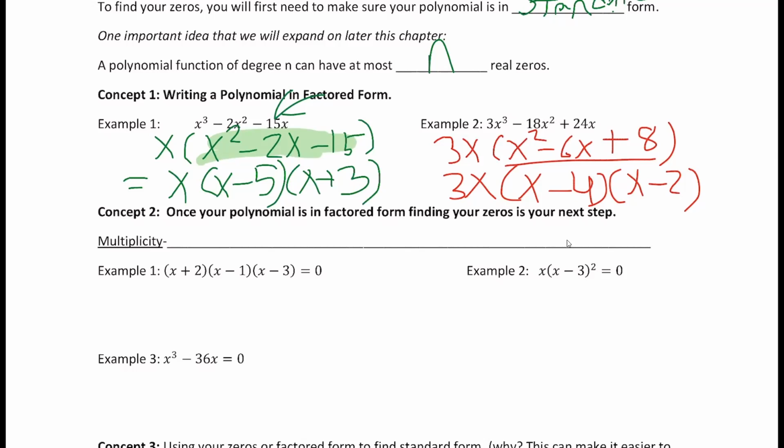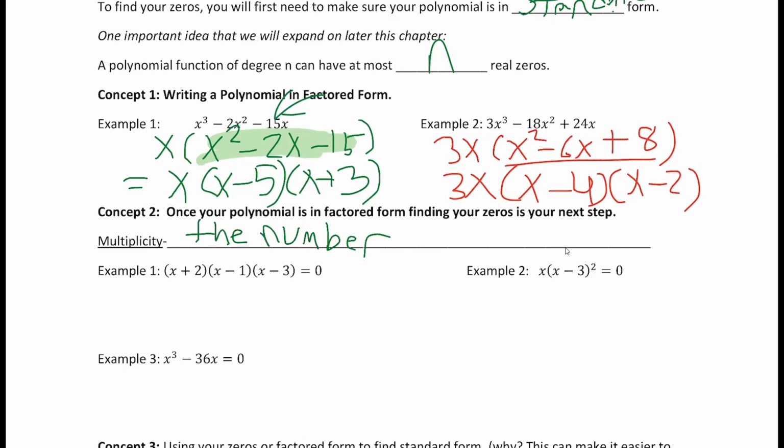Once your polynomial is in factored form, we're going to find our zeros, but multiplicity is the number of times a solution appears. A lot of times when you deal with higher degree functions or polynomials, you'll have answers that repeat. You might get 5 twice, or the answer 2 twice.